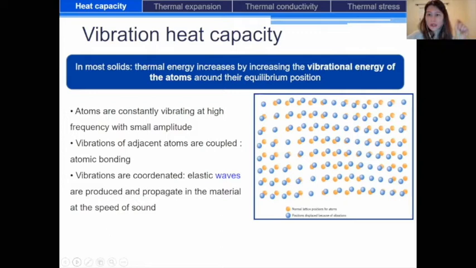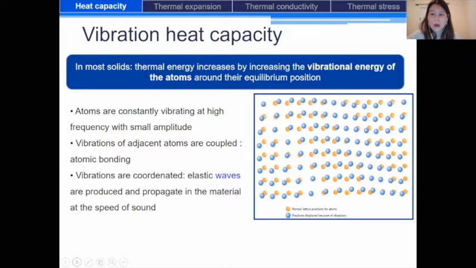So they are vibrating around an equilibrium position. And this is the case when the material is subjected to a temperature higher than 0 Kelvin. So in any usual case, the atoms of the material are vibrating.